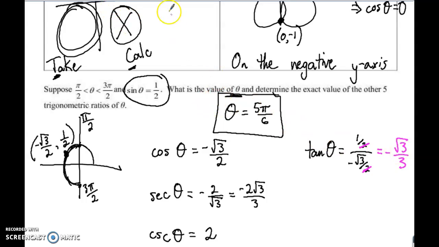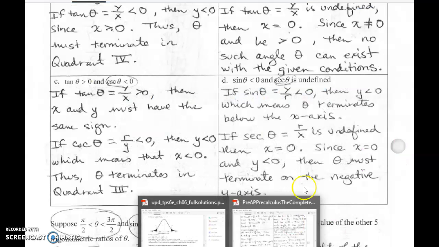Now, that rationalizing would take longer than if you just took the reciprocal of the unrationalized tangent to get cotangent. Otherwise, you could flip this and then rationalize that denominator, and you'll get the same answer. So that's how I would do that problem.